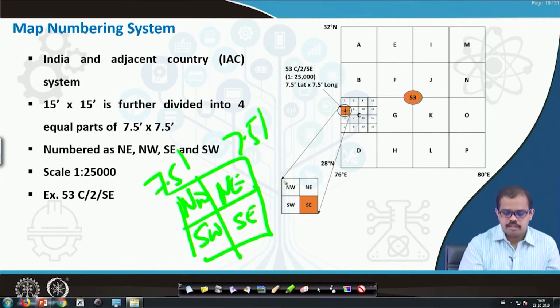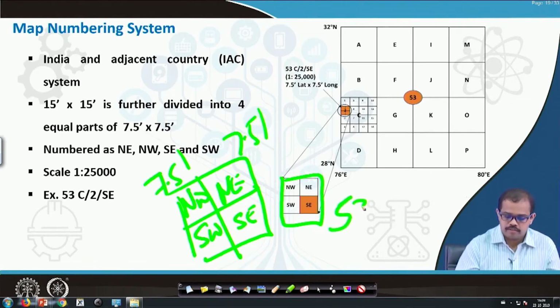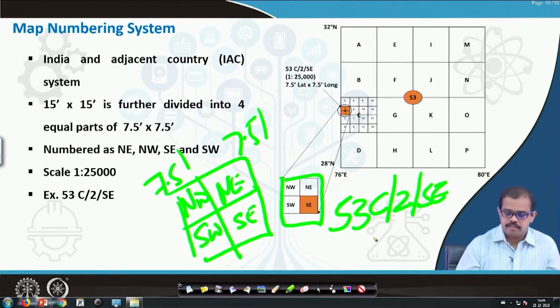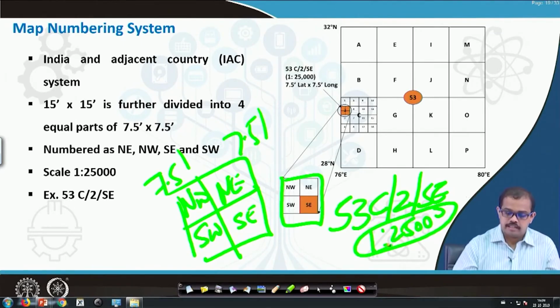This particular referencing is nothing but 1:25,000 units. So if someone writes it as 53C/2/SE, it is representing a 1:25,000 map, which means it is representing more details on the earth's surface.